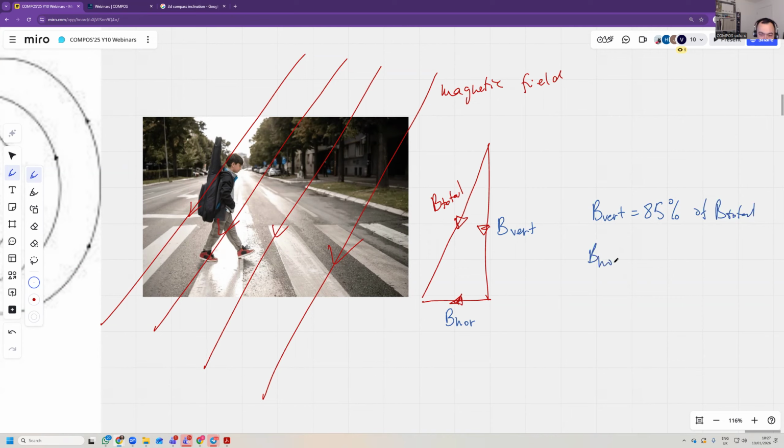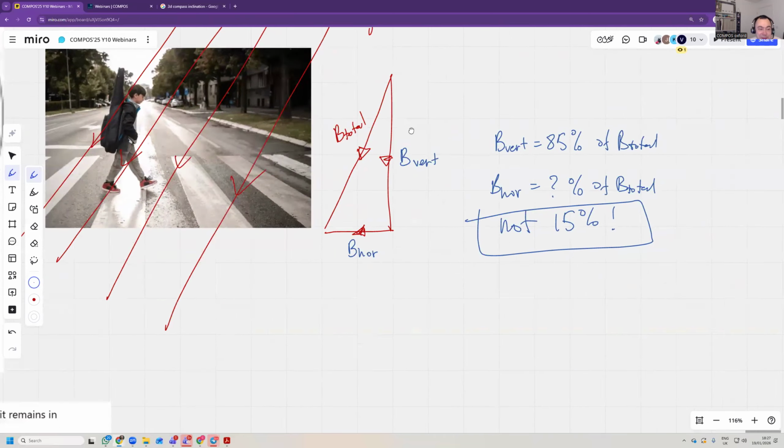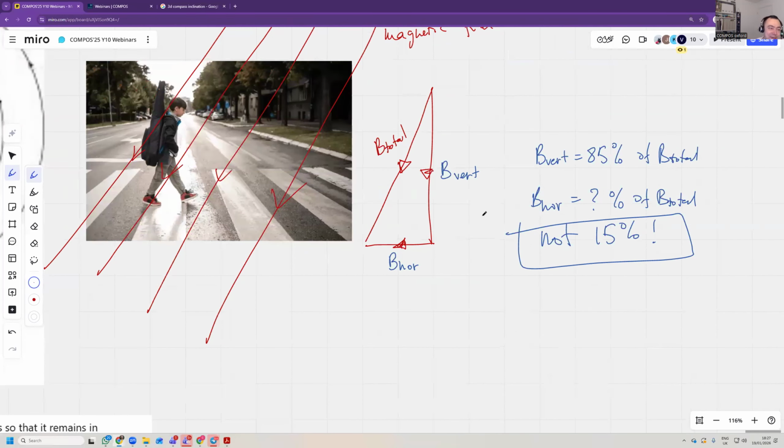So B horizontal is how many percent of total? I think a lot of you can see that it is a trick question, right? Because the answer is not 15%. To answer this question, we need to use vectors.